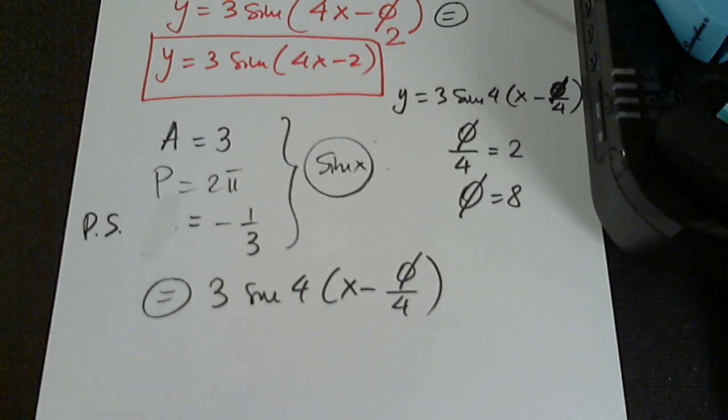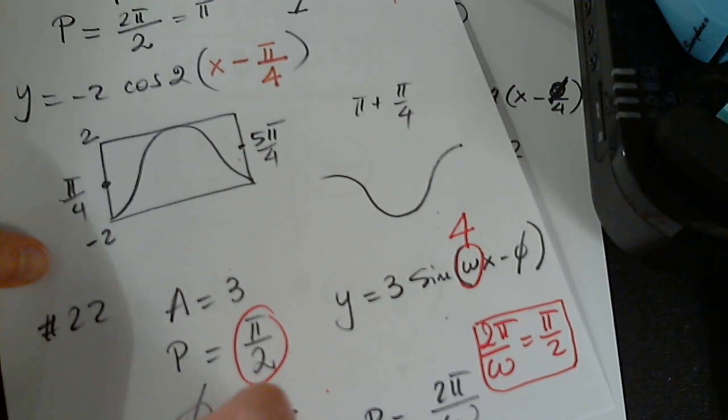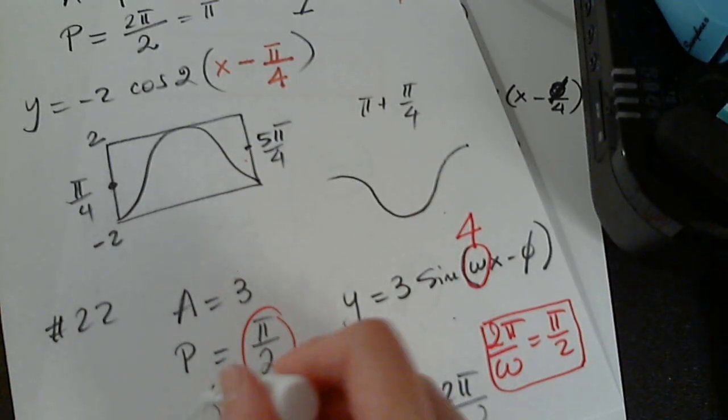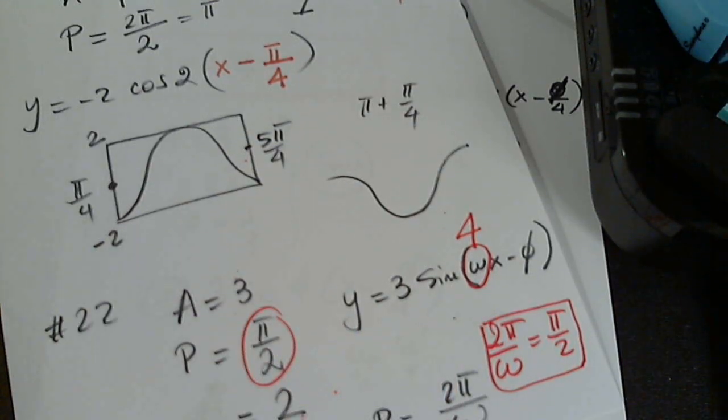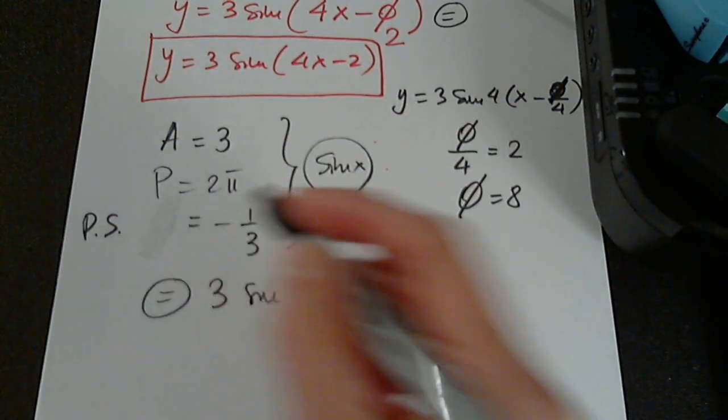So what was on the previous problem? The phase shift. So don't write phi, please. Phase shift. We haven't determined the phi yet. That's why the problem did not say that that was phi. The problem said that it's the phase shift. So I have to find the phi.